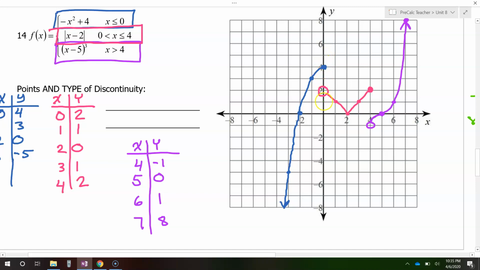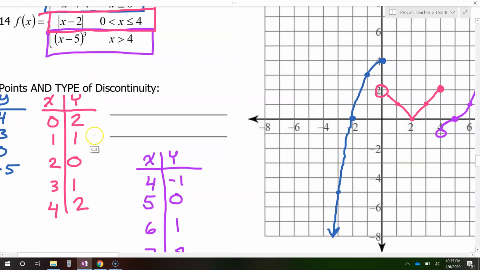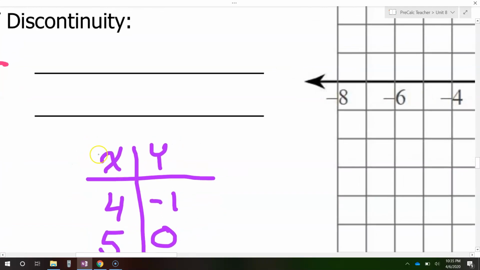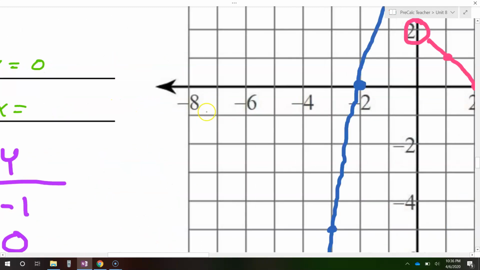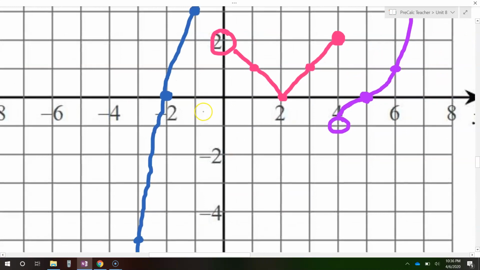So we have a jump discontinuity at x equals 0, and we have another one at x equals, what did I say? 4.